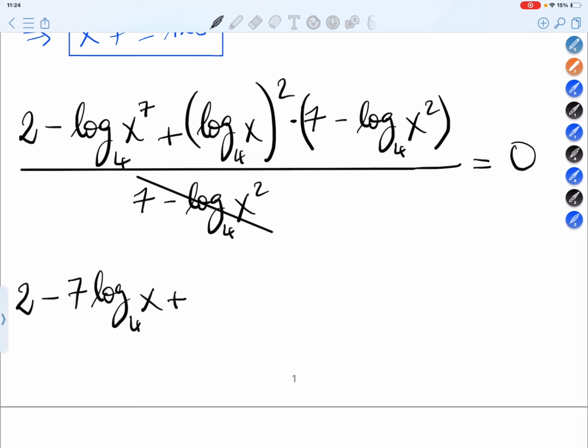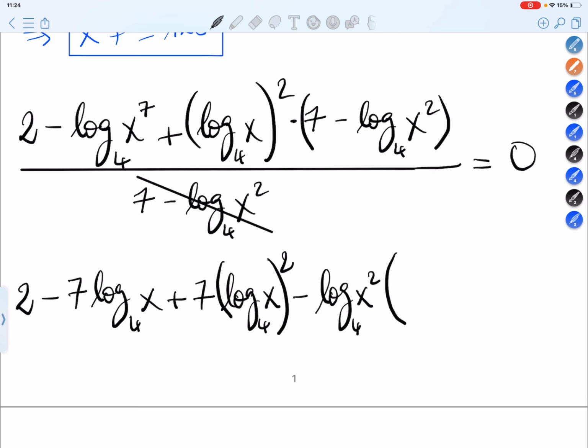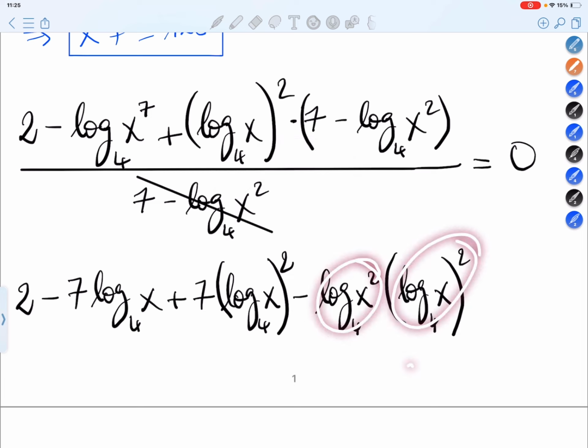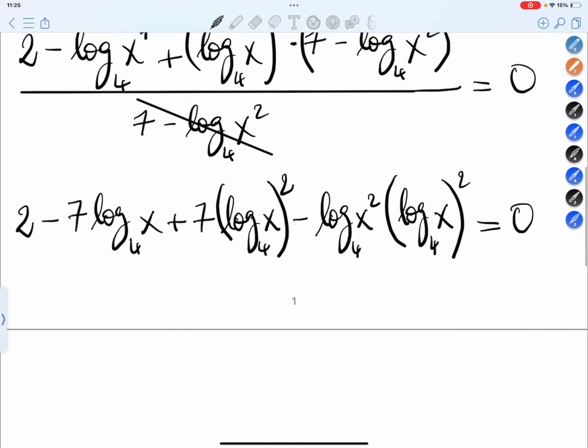So we're gonna have plus 7 log base 4 of x squared, and then we're gonna have minus log base 4 of x squared times log base 4 of x squared. We can notice that these two are different. The log base 4, where x is here, is different from this one, and this is equal to 0, right?